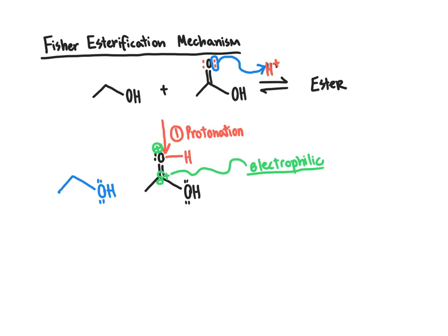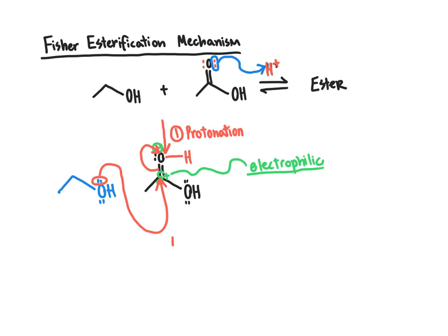So we'll use the lone pair electrons from the oxygen to come over and attack that positively polarized electrophilic carbonyl carbon. At the same time that that happens, we would also need to push the pi bond electrons from here up onto the oxygen to avoid going over the octet rule at that carbon. And that's certainly something that we can do.